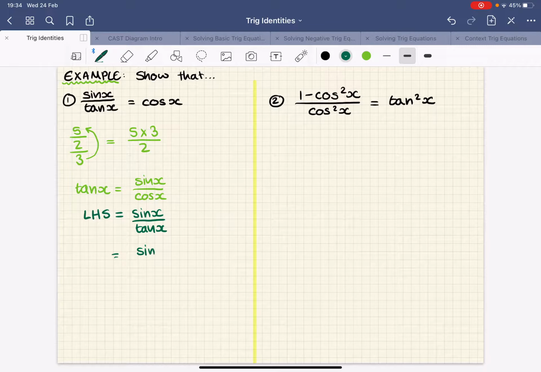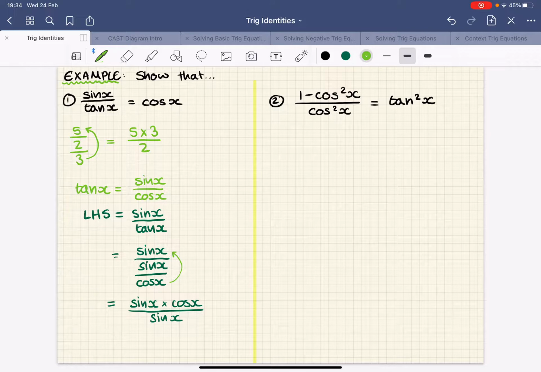So I've got the sin x over sin x over cos x. Then I know that cos x is going to come up to the top and multiply with the sin x. So I've got sin x times cos x all over sin x.